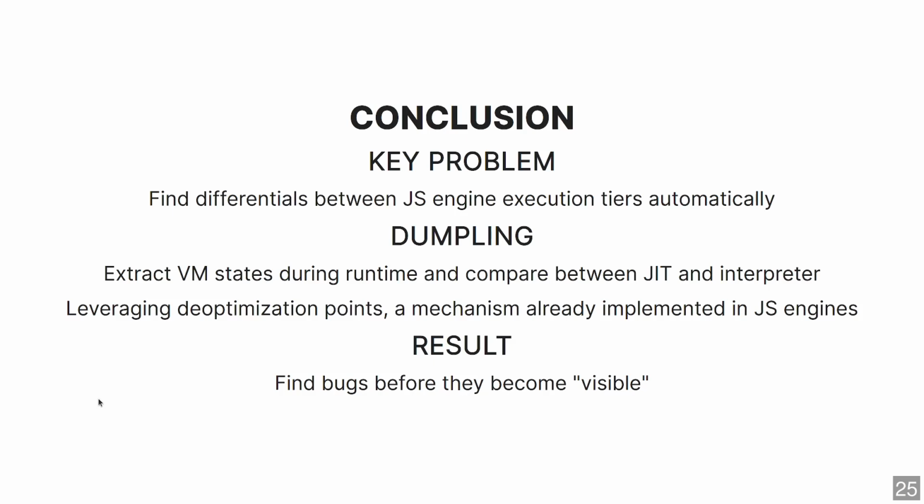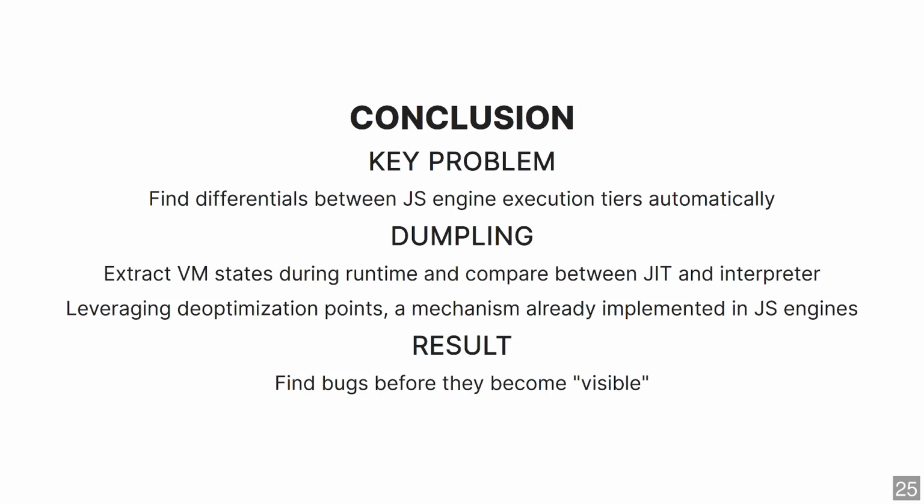As a conclusion, the key problem we wanted to solve with Dumpling is to find differentials between JavaScript execution tiers automatically at scale. We do this by extracting the states at runtime and comparing them between the JIT and the interpreter. Implementation-wise, we leverage the optimization points, a mechanism that's already implemented in the fuzz target, in this case the JS engine.